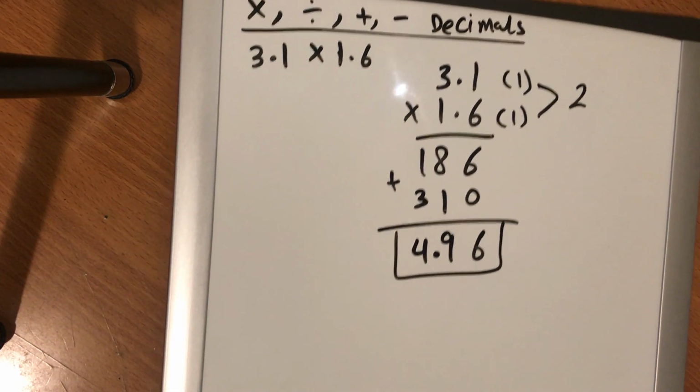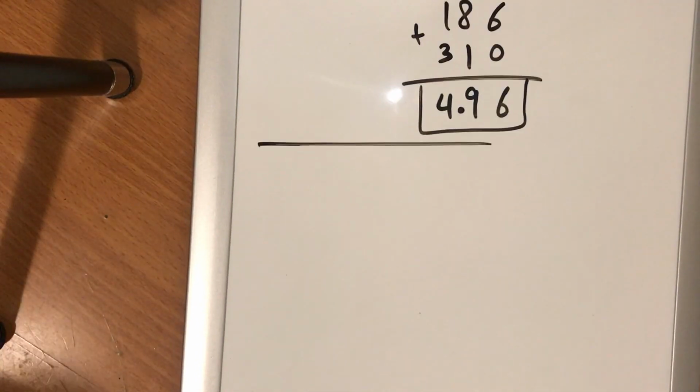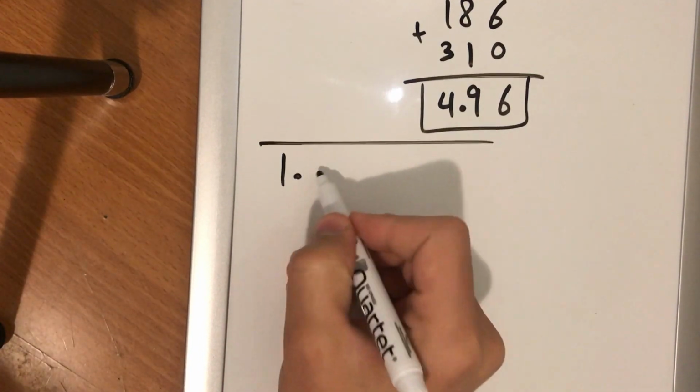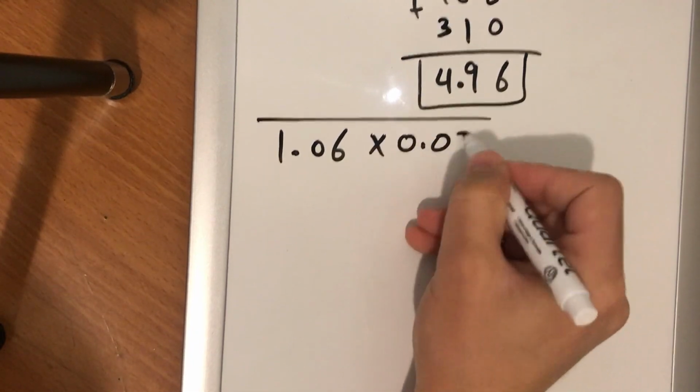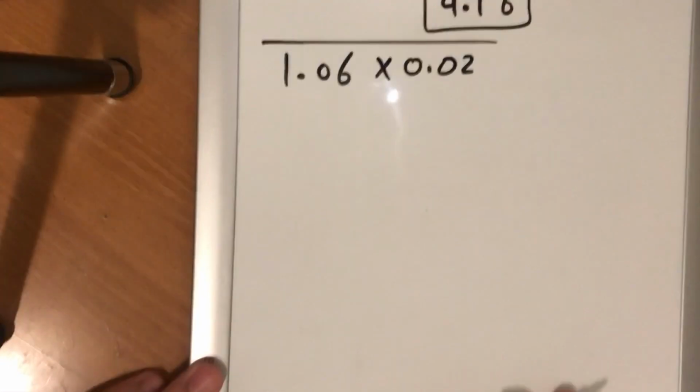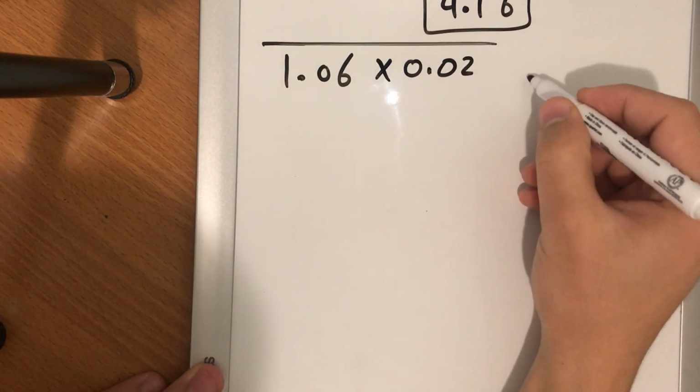Let's do one more. If I have 1.06 times 0.02, well, line it up first. You don't have to line it up if you don't want to.